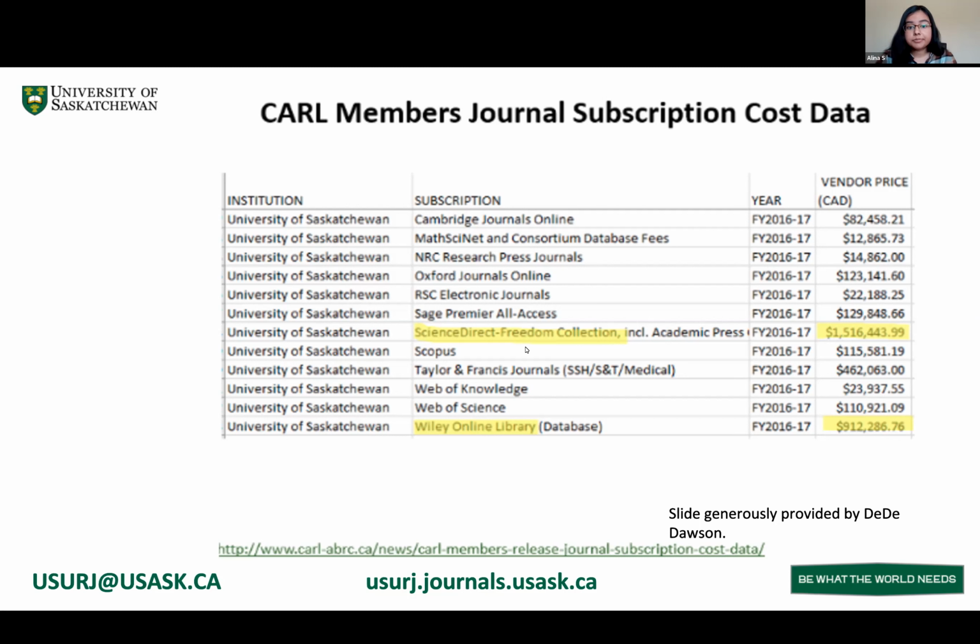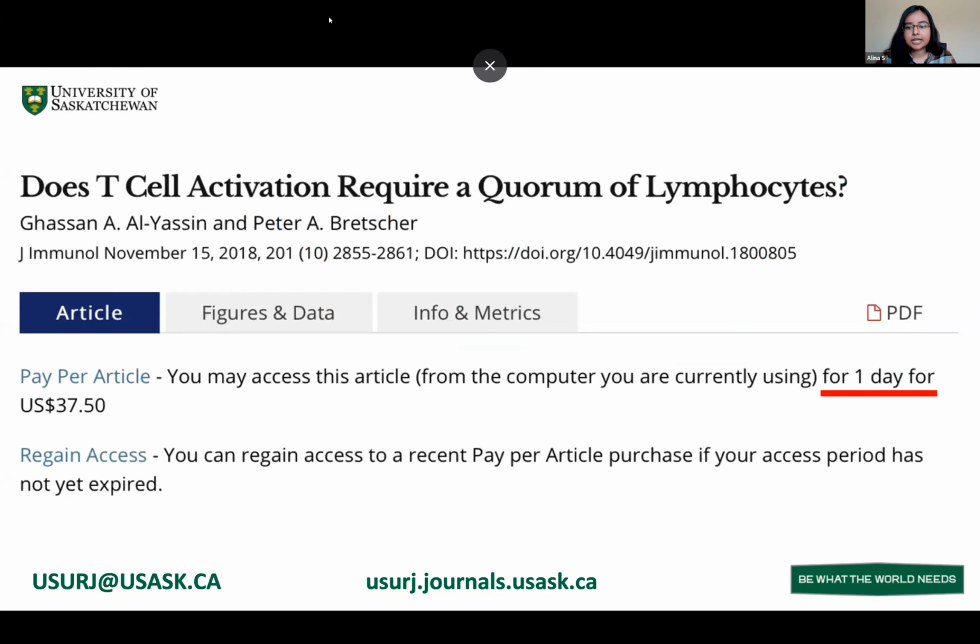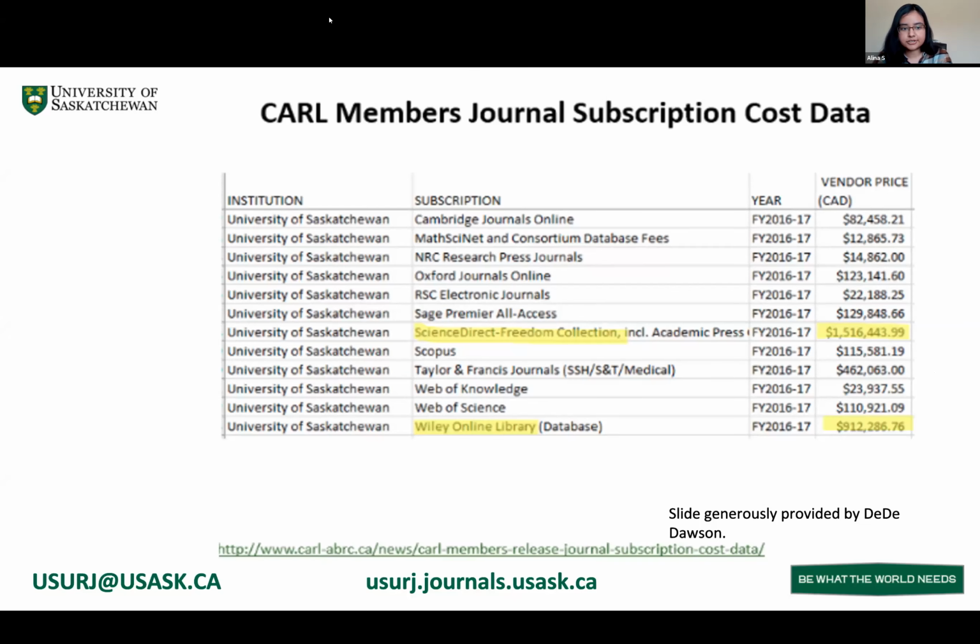So our library pays Science Direct about $1.5 million and Wiley about $900,000 to access works that are published with them. So publishers are making a lot of money. In fact, Elsevier, which is one of the largest publishers, has a profit margin that is higher than Google, Amazon, and Apple.